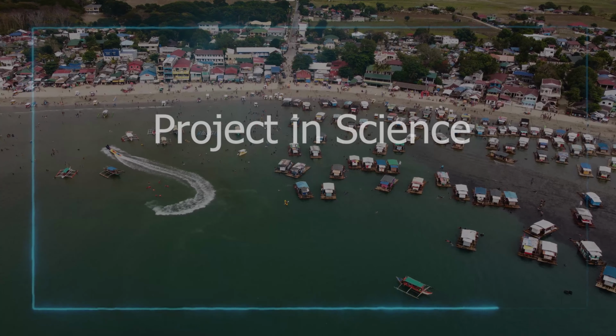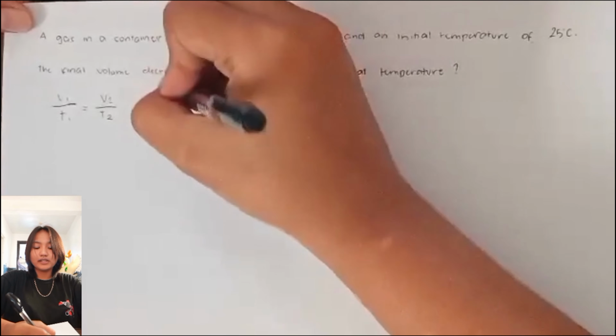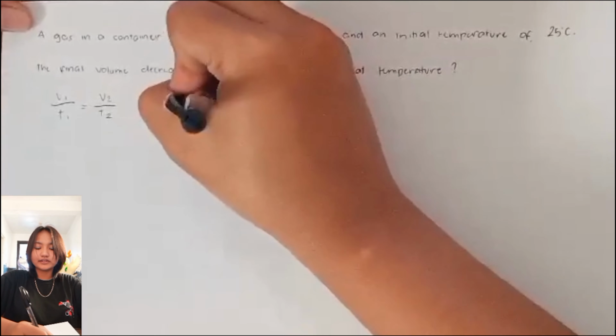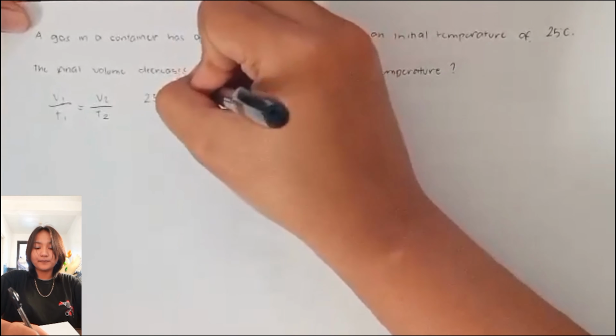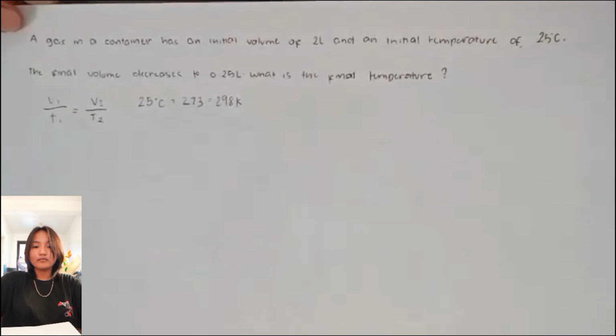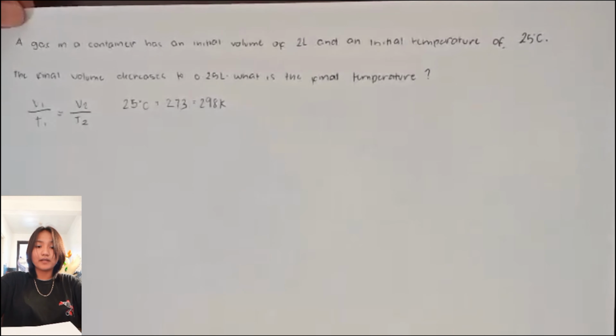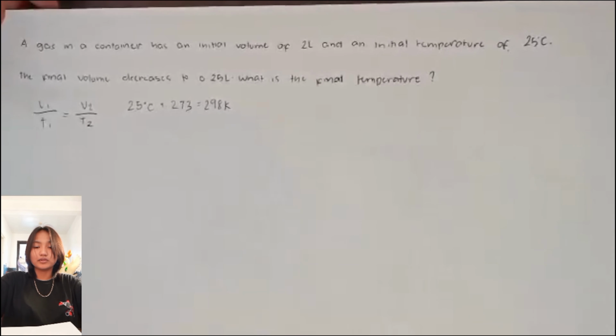The second thing that I'm going to do before I plug any number into my formula is convert 25 degrees Celsius into Kelvin. So that's going to be plus 273, which gives me 298 Kelvin. Then I'm going to go back to my problem and plug in my variables.